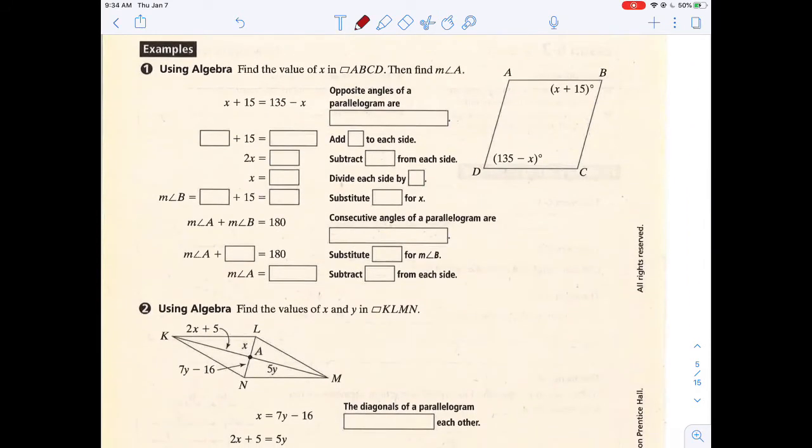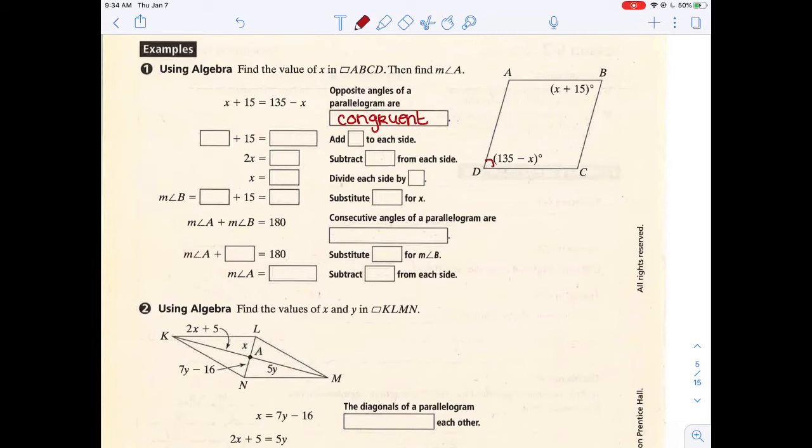Okay, let's take a look at some of these examples. Using algebra, find the value of x in quadrilateral ABCD, then find the measure of angle A. Okay, we know that opposite angles of a parallelogram are congruent. And if we look back at our theorems, that was theorem 6.2 that told us that.